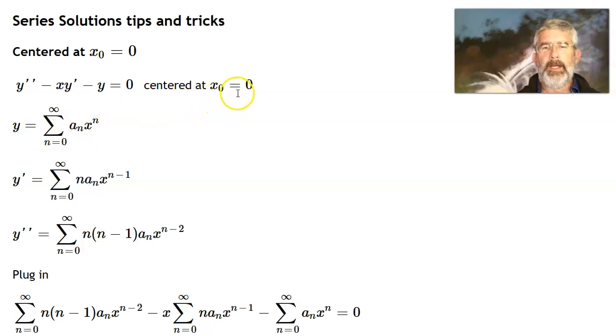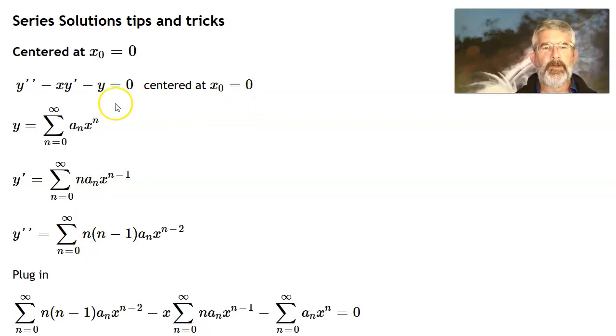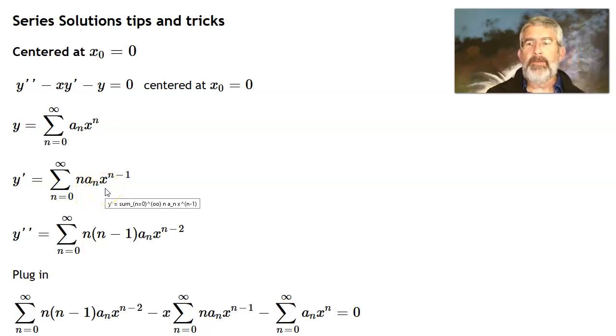Since I'm centering at x equals 0, just like I've done on the other two examples I've shown in the previous videos, the power series just looks like this, along with the derivative and the second derivative. One of the things that's nice about centering at x equals 0 is that this needs to be multiplied by x, and it's really easy to multiply this power series by x because it's already in powers of x.